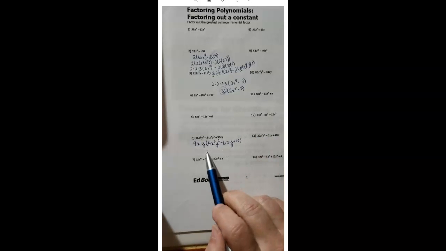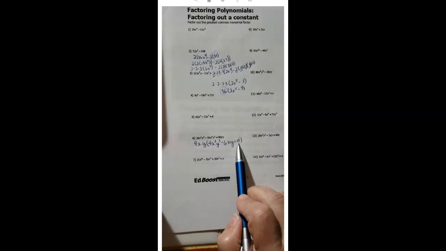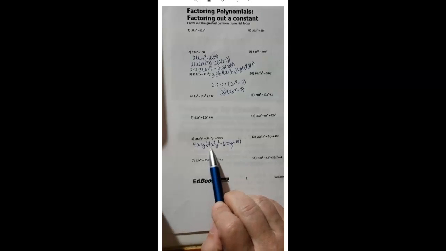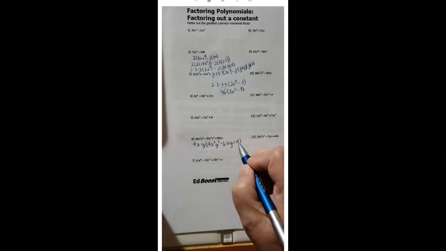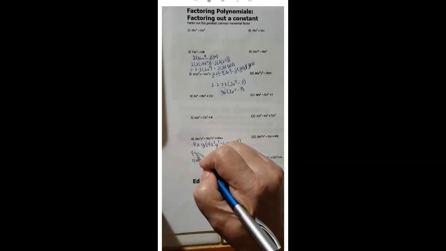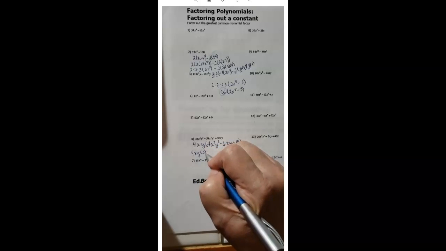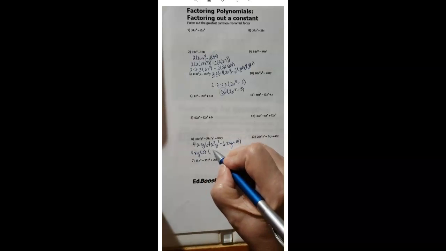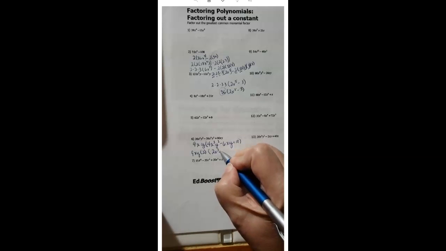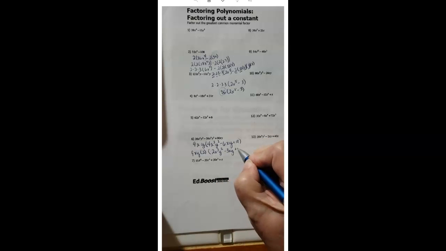Am I done? Well, I have to keep looking and seeing if there's a greatest common factor. And actually 4, 6, and 10 do have a common factor of 2. So along with that 9xy, I'm going to try a 2 and see what happens. So that would give me 2x to the 3rd, y to the 2nd, minus 3xy plus 5.